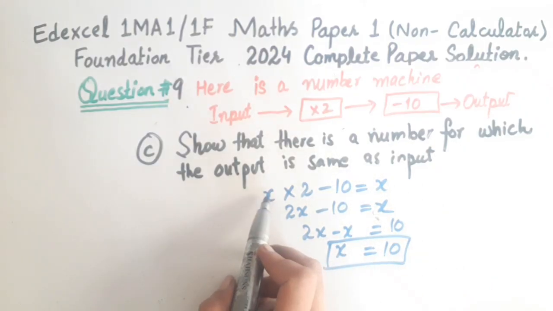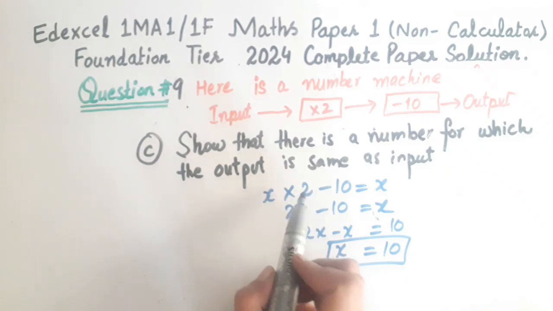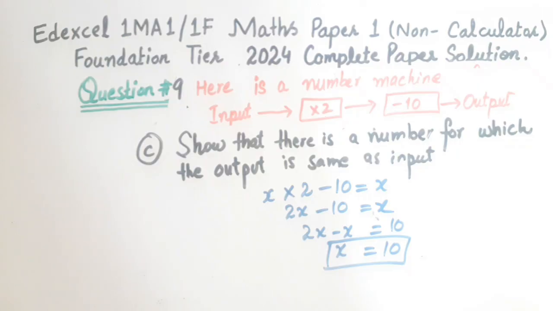When we substitute the value, 10 multiplied by 2 is 20. 20 minus 10 again gives 10. So it means that when x equals 10, input equals output. So this easiest question contains 5 marks.